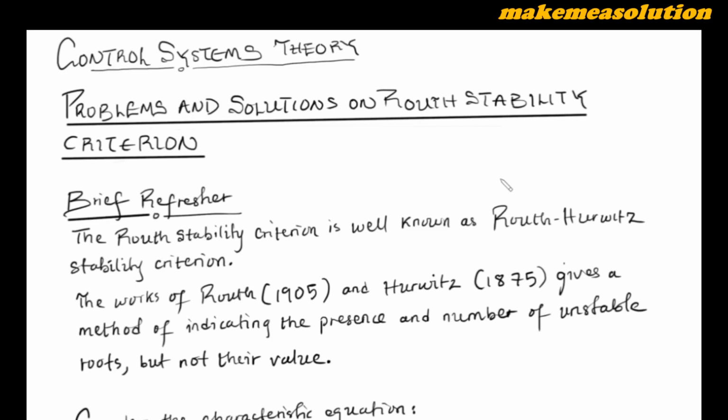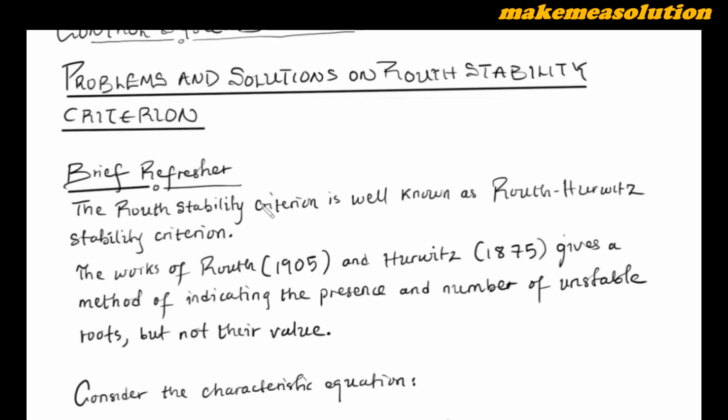Now, let's refresh ourselves on what the Routh stability criterion is. What is it about? First of all, the Routh stability criterion is well known as the Routh-Hurwitz stability criterion. So you might be wondering, where is Hurwitz coming from?